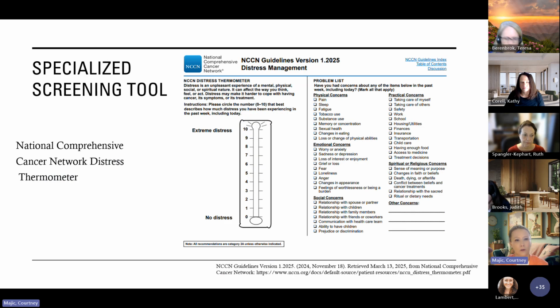The next one that we're going to look at is the National Comprehensive Cancer Network Distress Thermometer. This is designed specifically for patients that have a cancer diagnosis. It has very similar questions to the CMS screening tool. In my role now, when we first started talking about social determinants of health, one of the questions I got came from the oncology group.